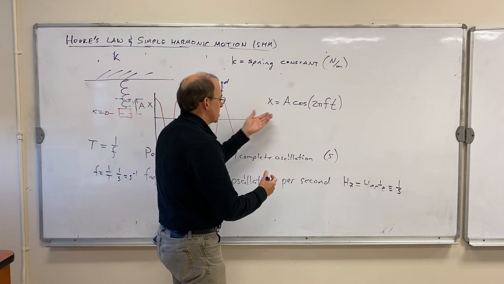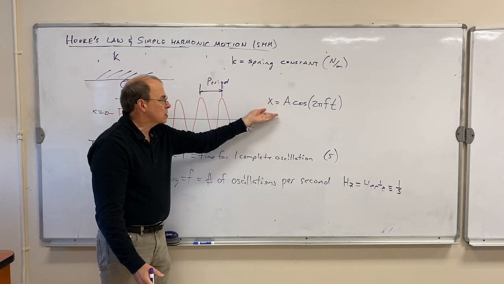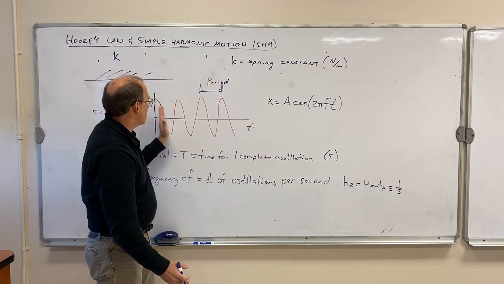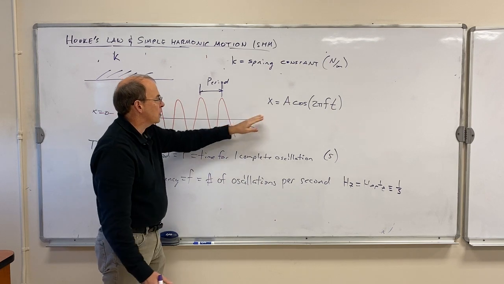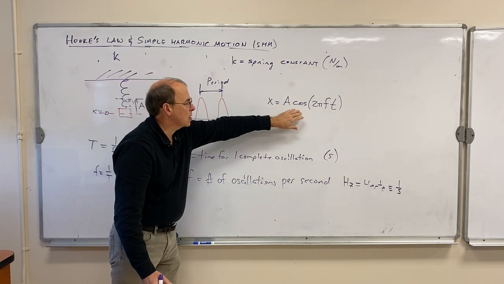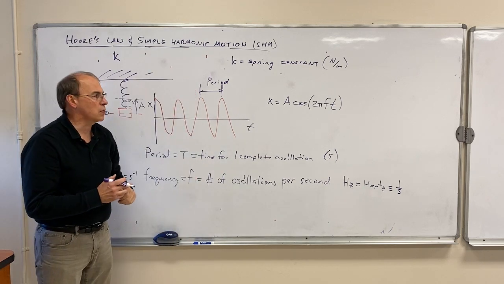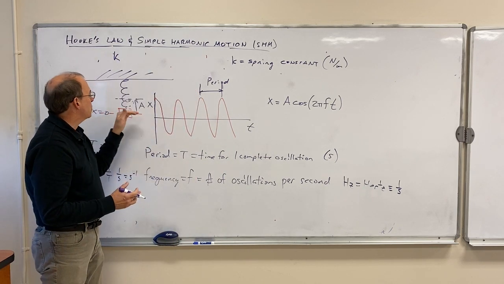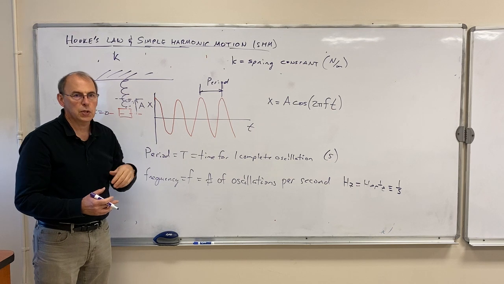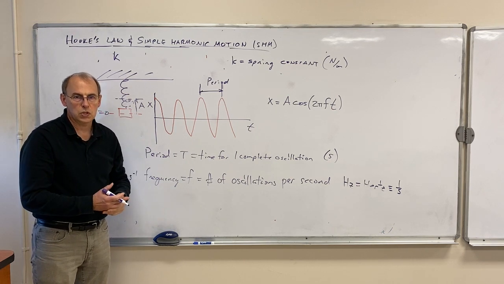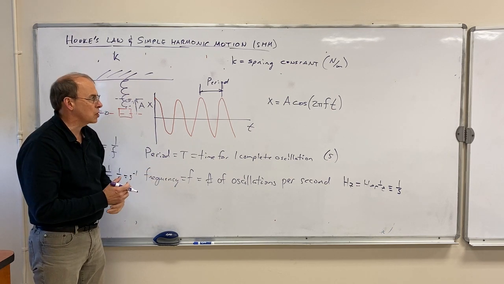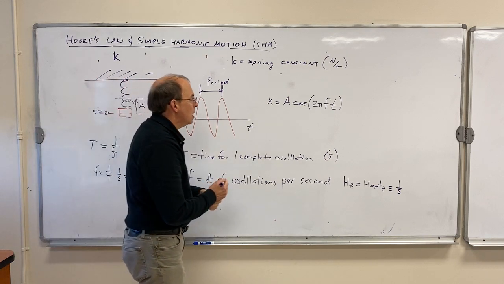So this equation, which I have not derived, just says that this behavior can be written as the amplitude times cosine of 2 pi times the frequency times the time. That is pretty readily derived from a comparison between simple harmonic motion and circular motion, which you can find in your book or online somewhere.